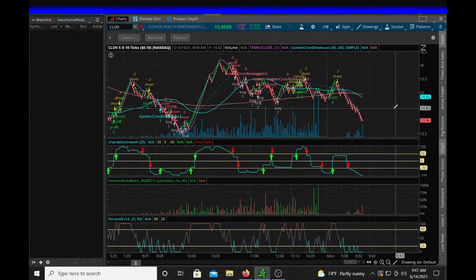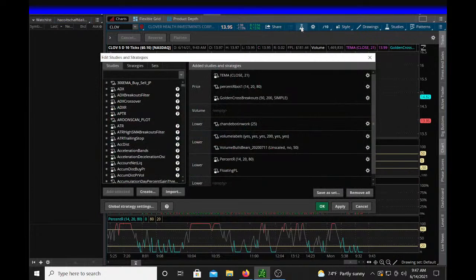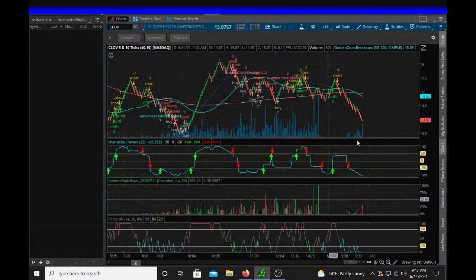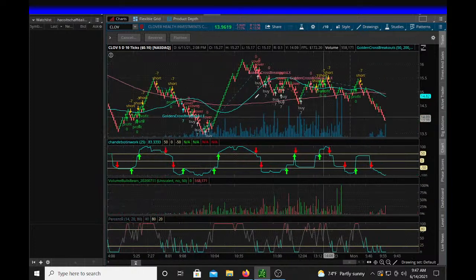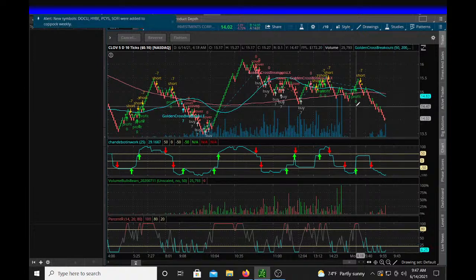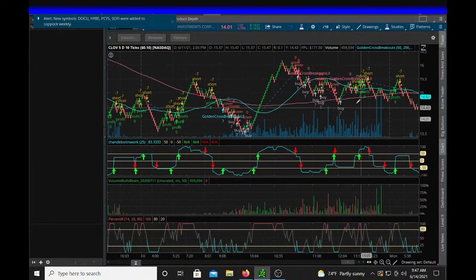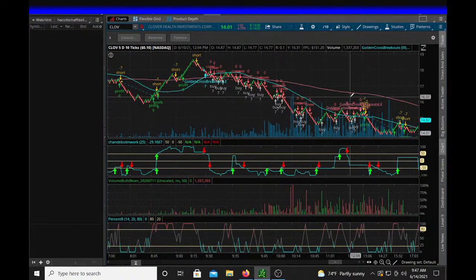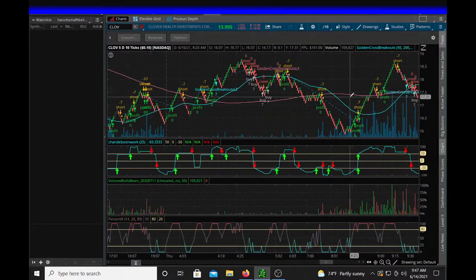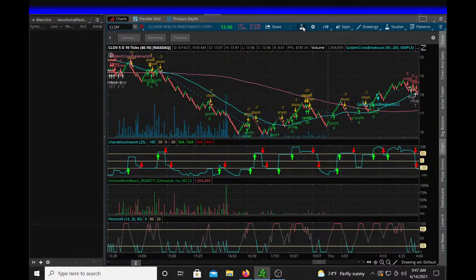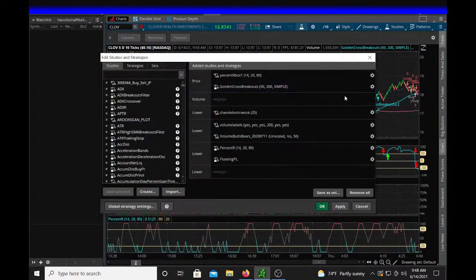All right, so we're looking for these golden cross breakouts. So let's get rid of our TEMA. Okay, and see how these golden cross breakouts affect the chart when we're looking at it here. All right, now we're using simple.